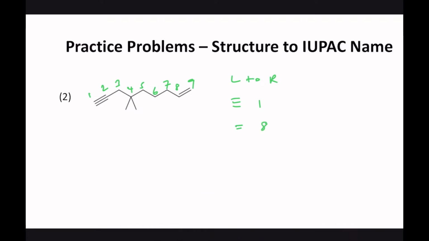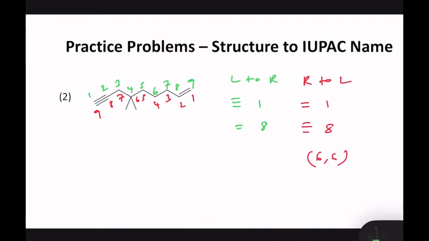Let us do the numbering the other way around. Now, if we do the numbering right to left, double bond comes at 1 position, triple bond comes at 8 position. In this case, the substituents, the methyl groups, are at 6, 6. In the other case, the substituents are at 4, 4. There is a tie here.